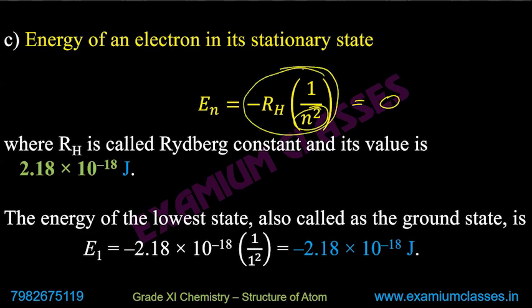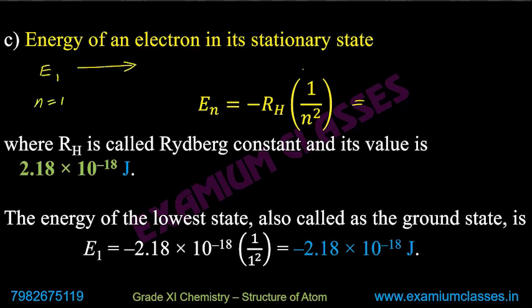Now with this formula, if you are providing energy, and we say that it is moving from n equals to 1 to n equals to 4, say, then we have to provide energy, then it will move to higher energy state.